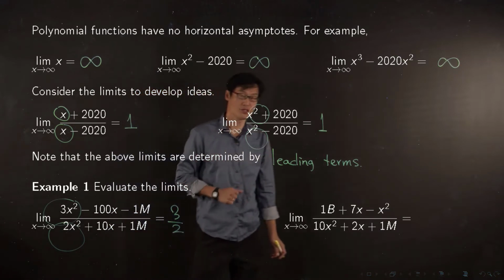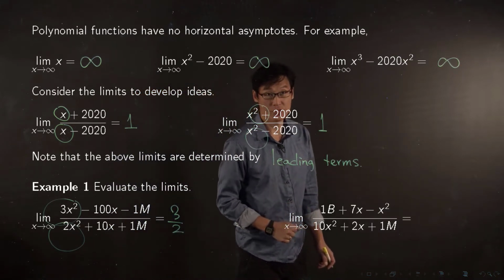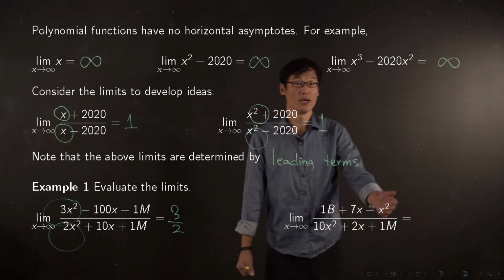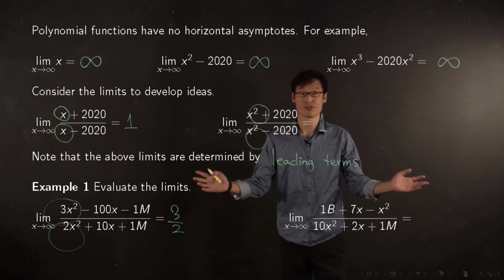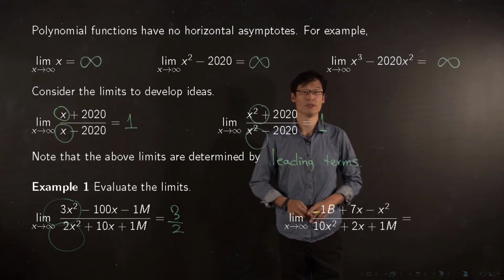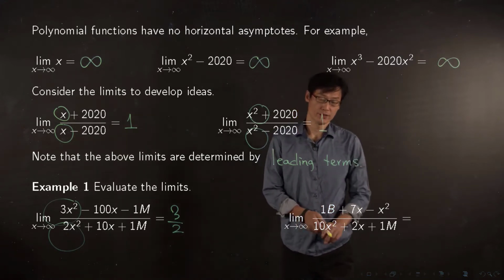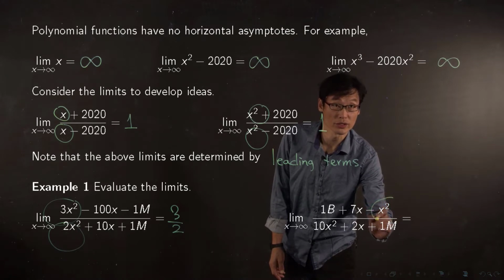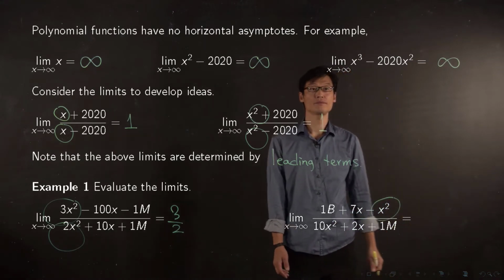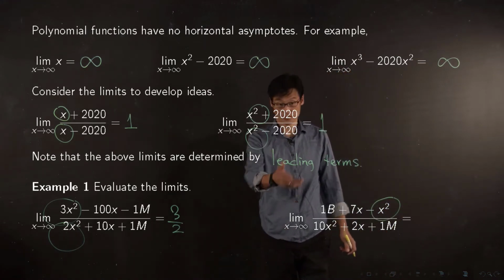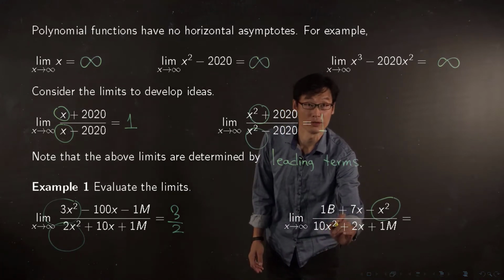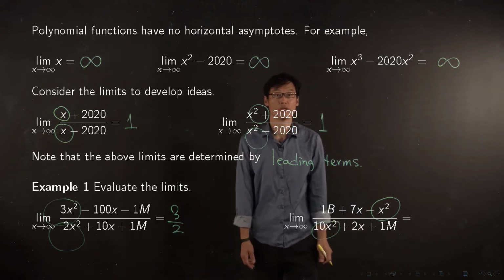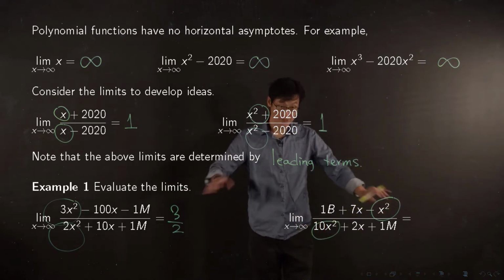What about the second example? Here capital B stands for 1 billion. Although 1 billion is a big number, our x can be even larger than that, 1 trillion, for example. So basically, the leading term in this numerator is x squared, and we have another copy of x squared in this denominator. Everything else is negligible.